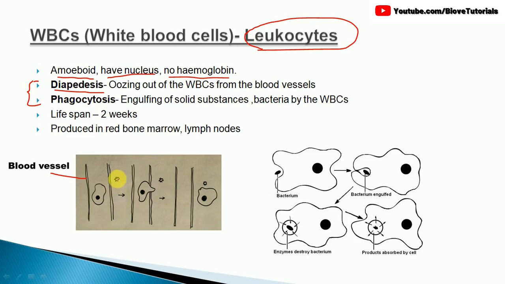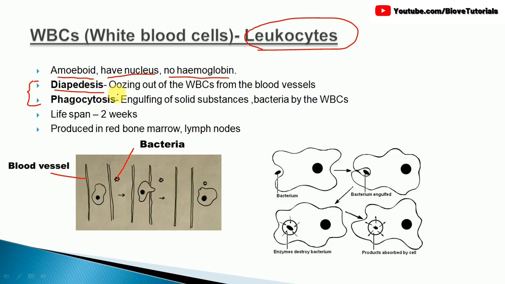So if this is a foreign substance or a bacterium outside the blood vessel, this WBC will try to move out of the blood vessel. As you can see here, this process of WBC moving out of the blood vessel is called diapedesis.